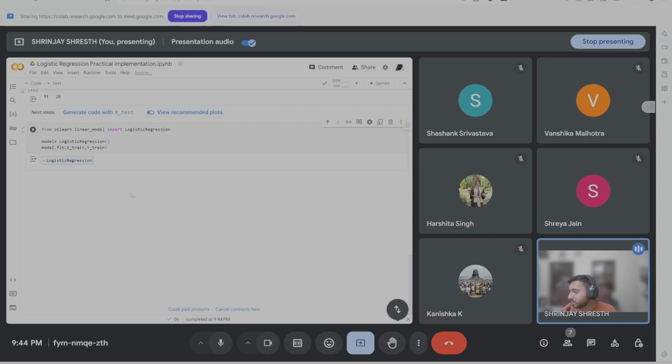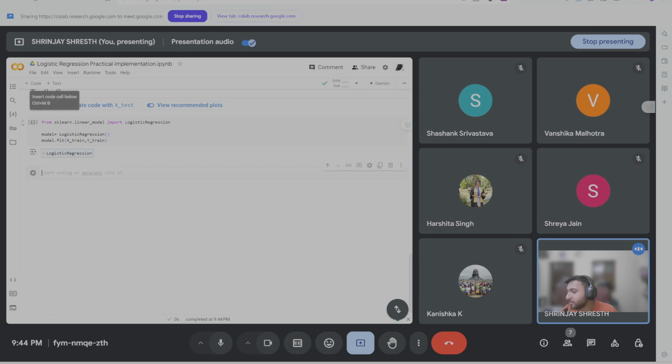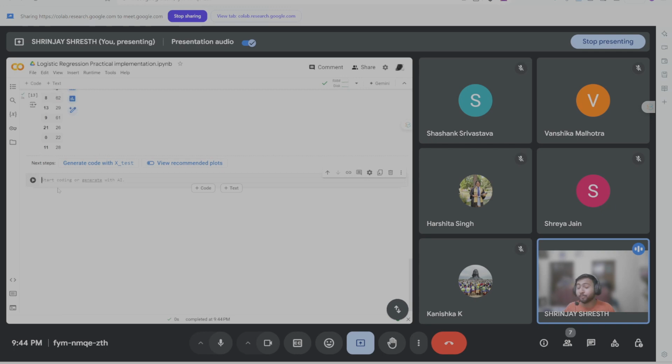Now let's do what? Let me show this first. Let us see what test values we have, because on those values we will test it. So these are the different test values. Now let us see, can we actually predict?